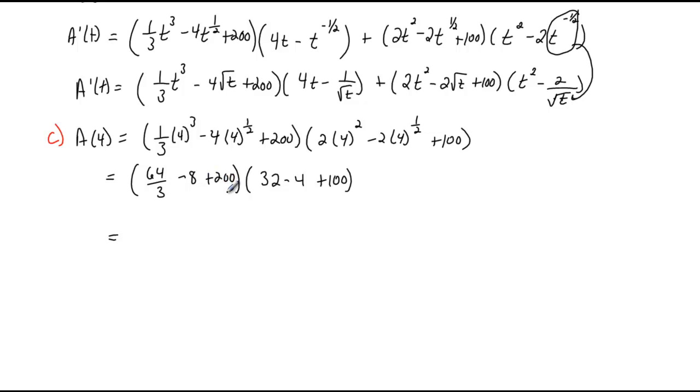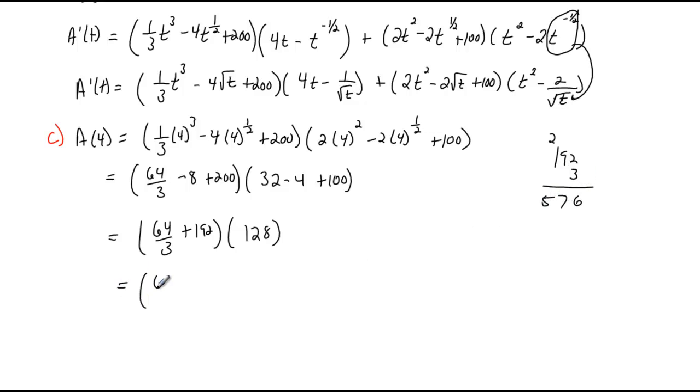Negative 8 plus 200 gives me, 200 minus 8 is plus 192. 32 minus 4 gives you 28. Plus 100 is 128. Okay, 192 is how many thirds? Let's look at that. So we'll get 576 thirds.